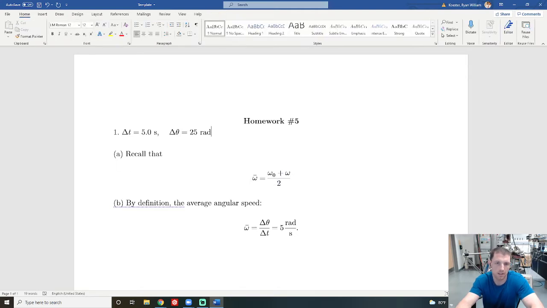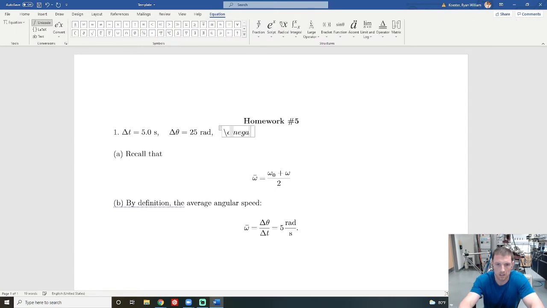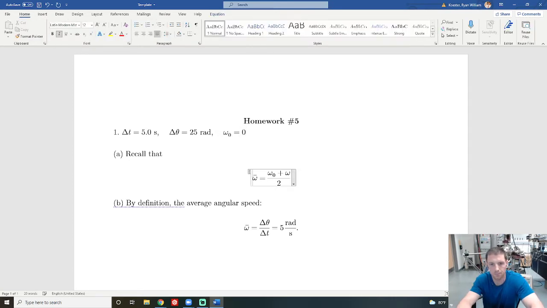And remember here actually that omega initial, because this thing starts from rest, is just 0, right? So I could just put a line through that because it's 0, and this tells us that omega is 2 omega bar.